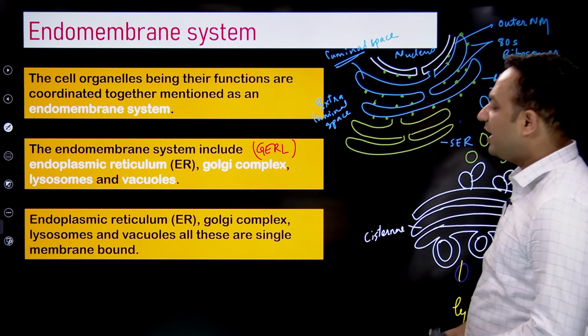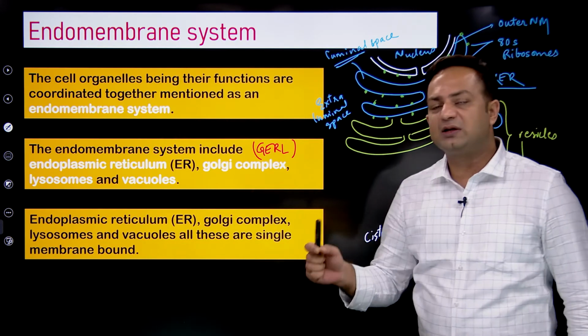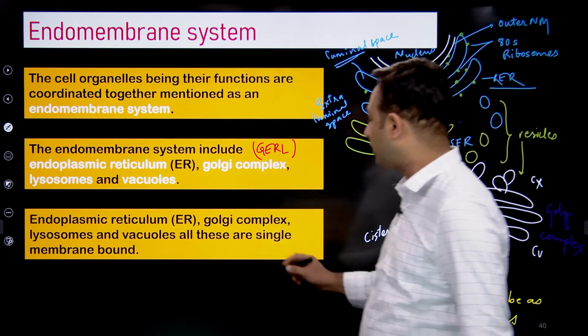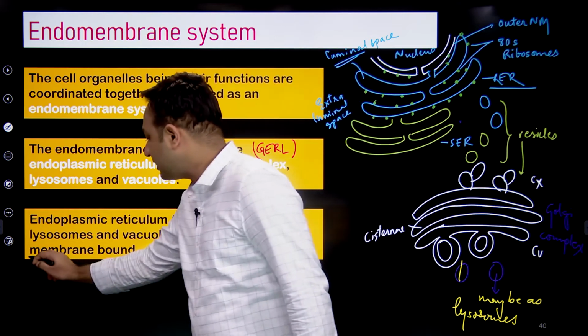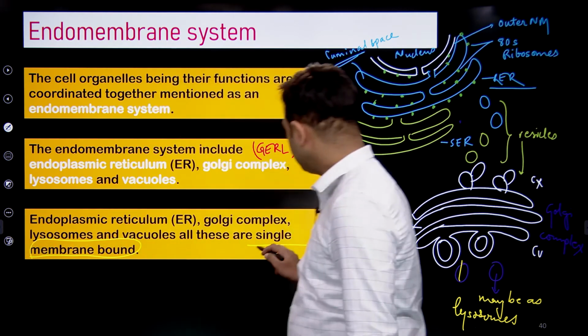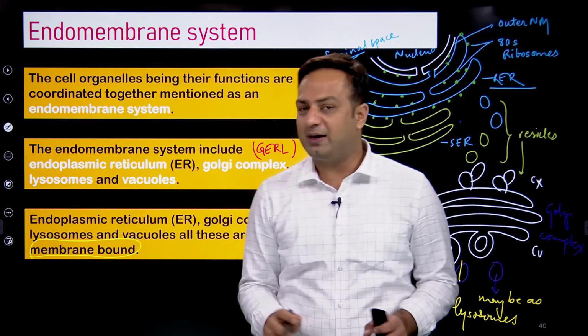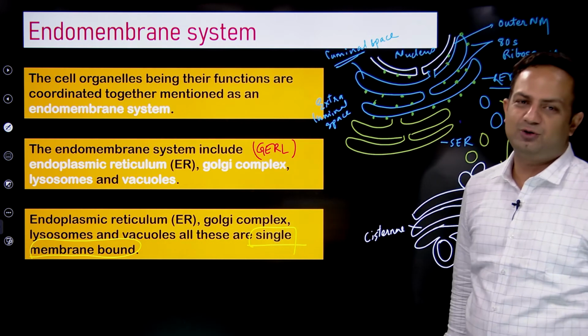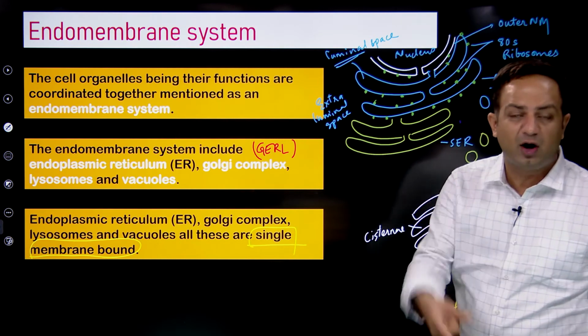The endoplasmic reticulum, Golgi complex, lysosome and vacuoles, these all are single membrane bound organelles. Double membrane bound cell organelles, mitochondria and plastids, are not forming the endomembrane system. Remember what I said.